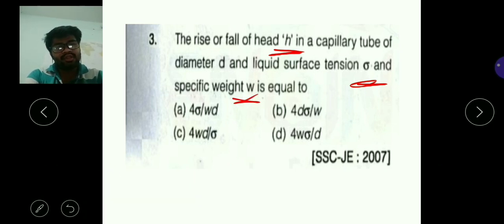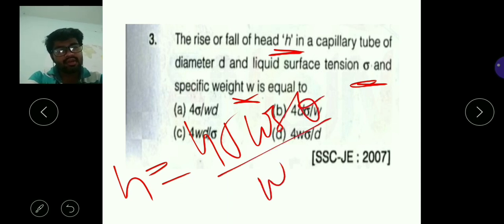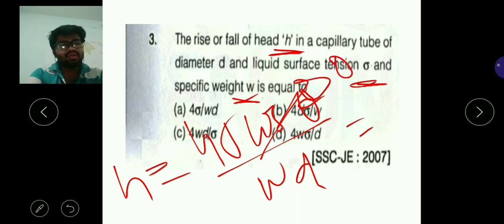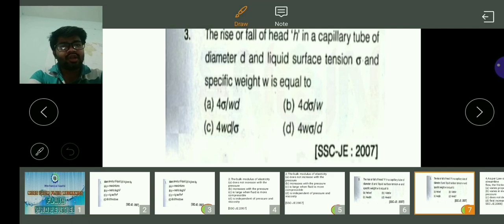We know that H is equal to 4 sigma cos theta divided by rho g d, that is specific weight, into d, that is w d. If cos theta is equal to 0 degrees, then it becomes 1. So that will be equal to 4 sigma by w d. So here option A will be the correct one.